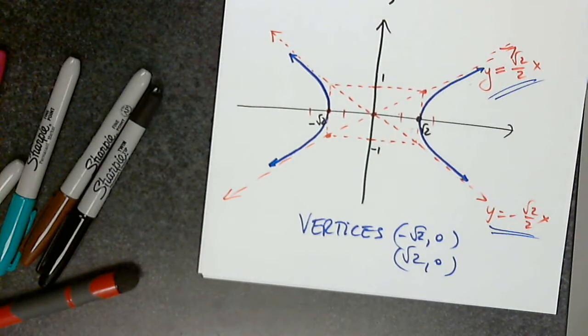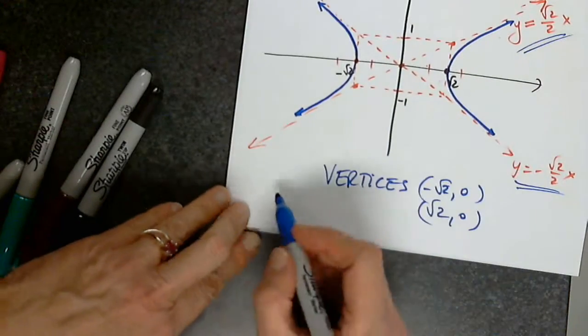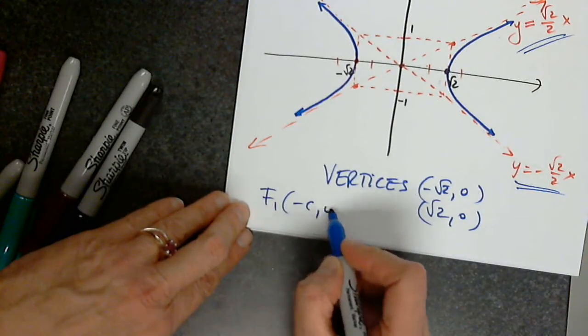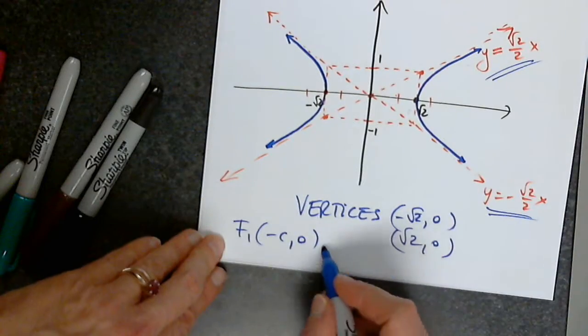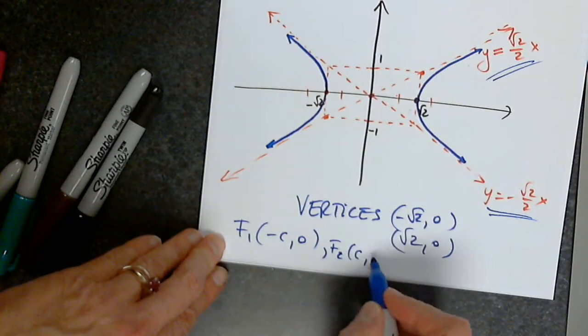Very good question. And now we want the foci. And remember, we have to determine c, because the foci are like before, negative c comma 0 and c comma 0. So F1, negative c comma 0, exactly like the ellipse, and F2, c comma 0.